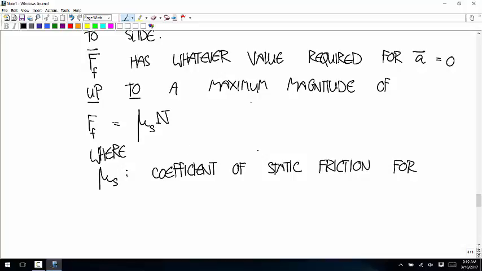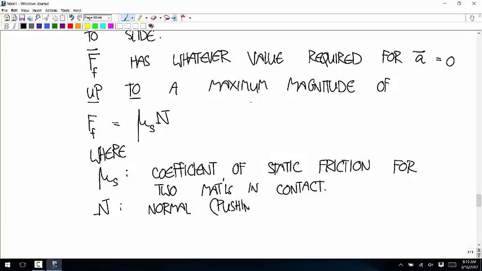Coefficient of static friction for two materials in contact. And N is the normal force, the pushing force, between the two objects.